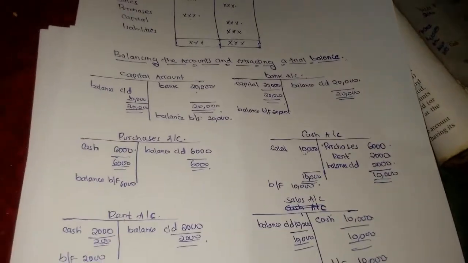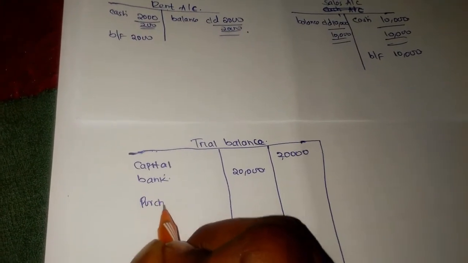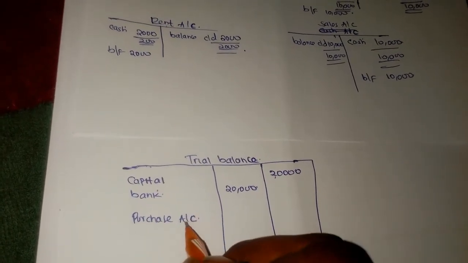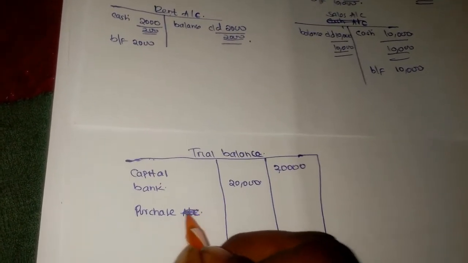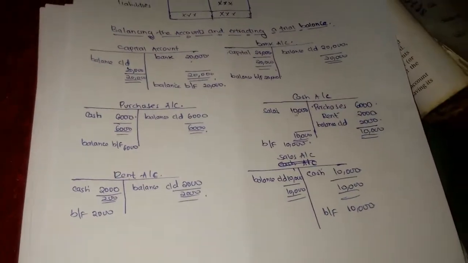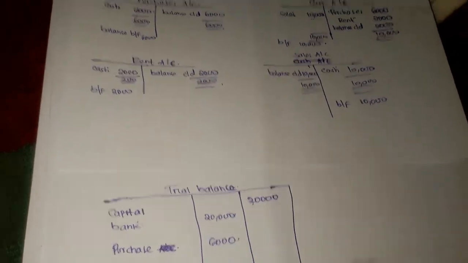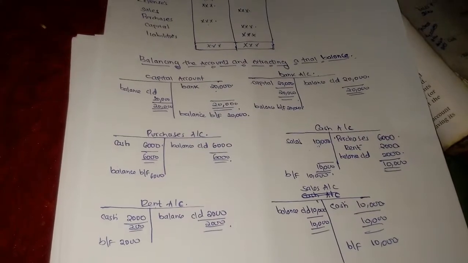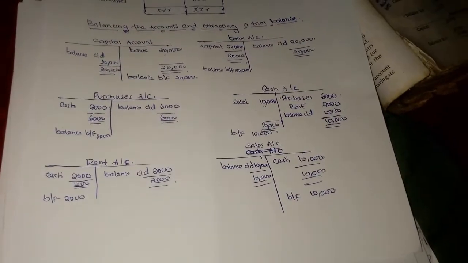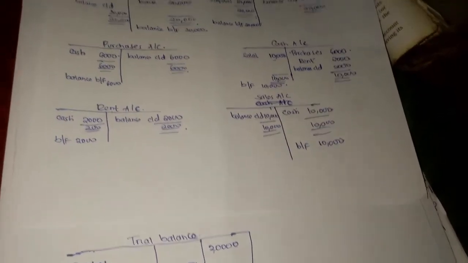Then we have the purchase account. Look at me, sorry guys. Purchase. We have 6,000 on the debit side. It's always on the debit side. That is purchase. Then we have the cash account.